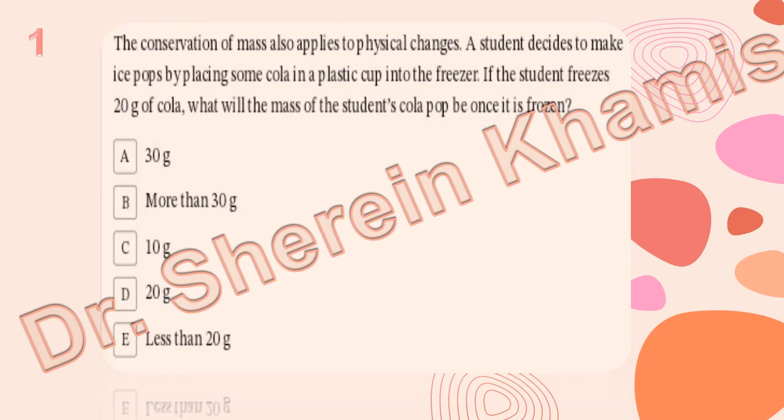So if we have a mass of 20 grams when we put it in the freezer, at the end after forming, the mass will also be 20 grams. When we make it, we apply the conservation of mass law. Okay, let's go to question 2.